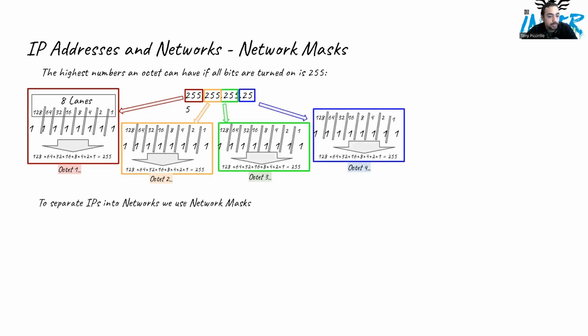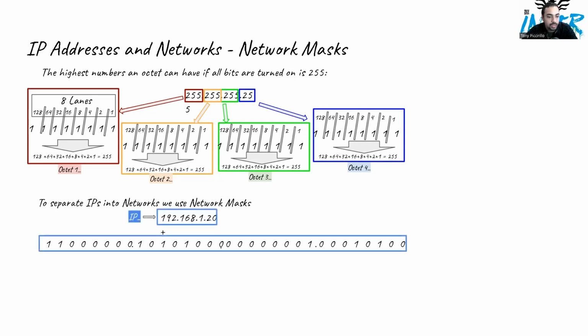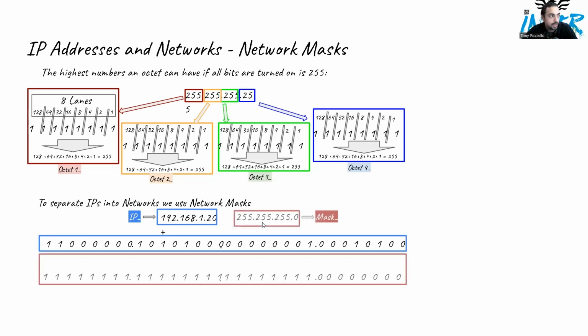So to separate or split networks, we use network masks. So let's look at our 192.168.1.20 IP, right? We'll be able to see what network it belongs to based on a mask. Here is our IP in binary for each of the 4 octets, right?